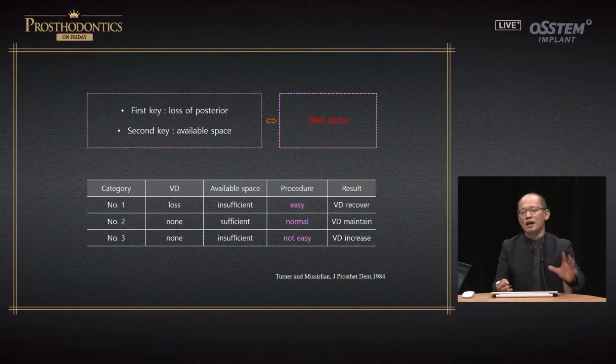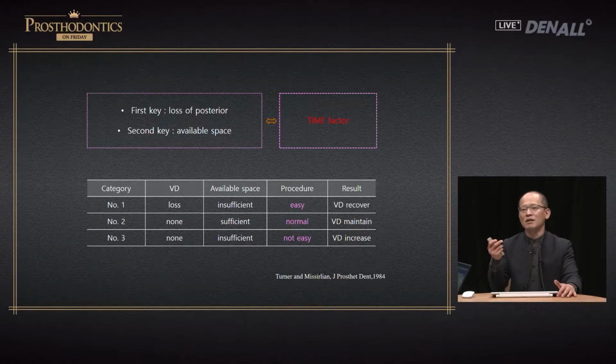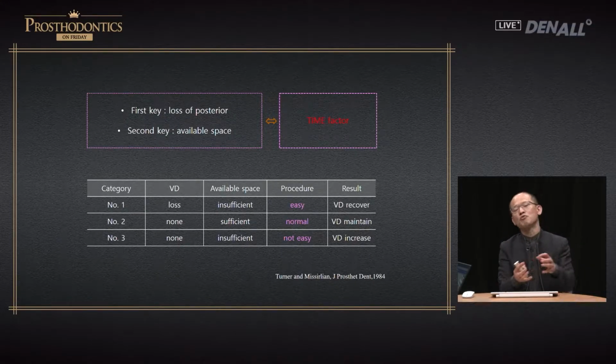What is important is that for full mouth rehabilitation, what is lost on the posterior is important, and that determines whether implants can be effective and whether there is space for rehabilitation. In a rehabilitation patient, as the occlusion collapses, they don't come immediately.